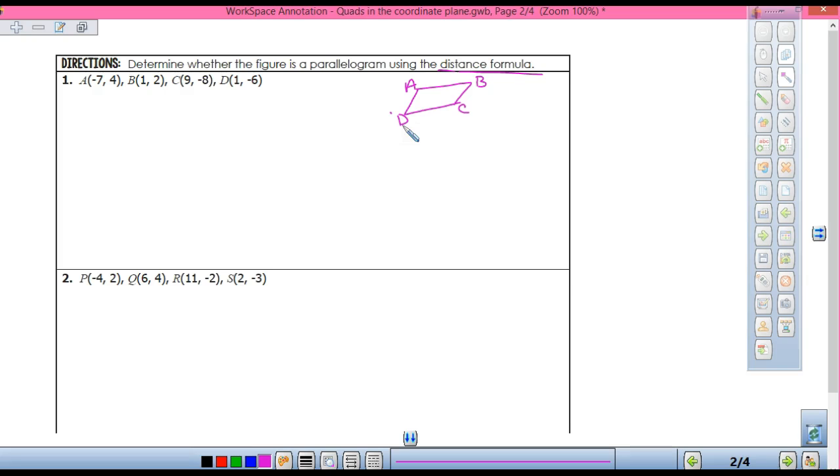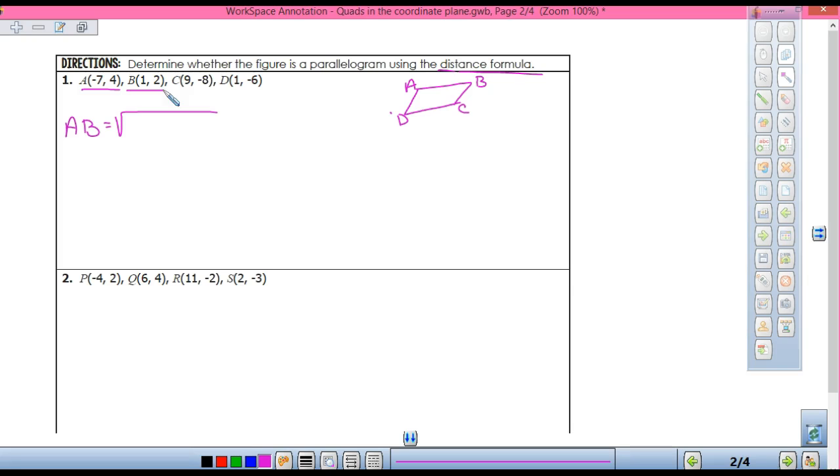The first distance I'm going to need is AB. So I'm going to write AB equals, because number one, you're going to have to show your work, and number two, I need to know what you are talking about. Then we've got this distance formula, so I'm using A and B, because AB would be AB.